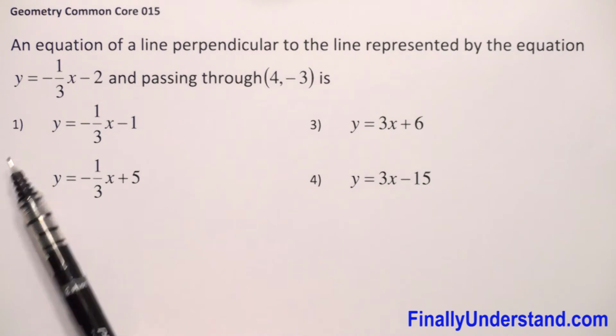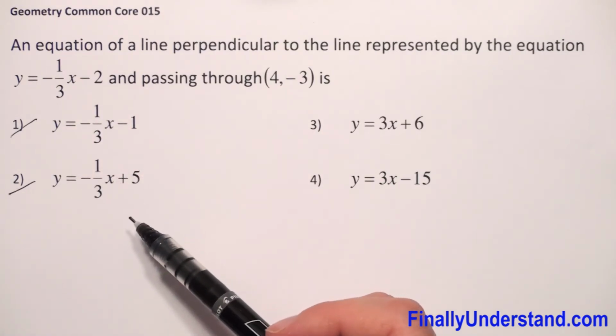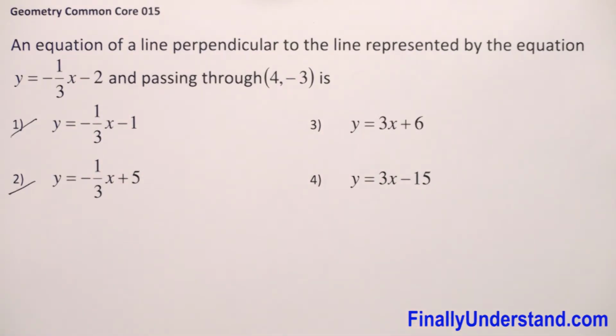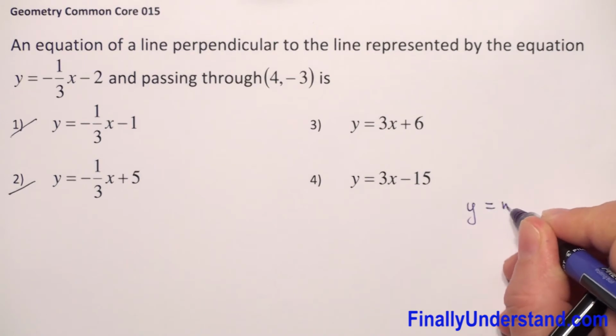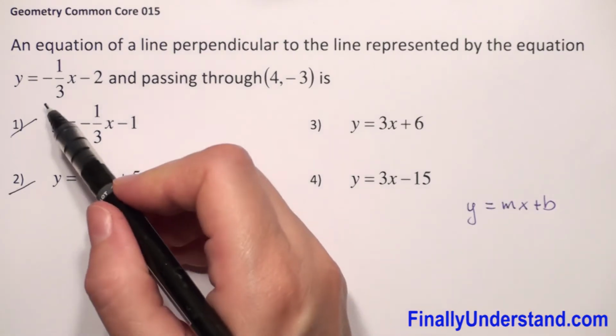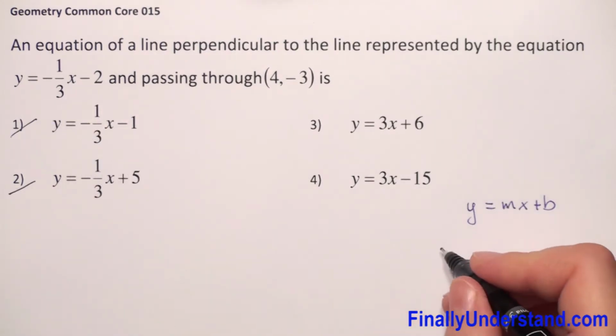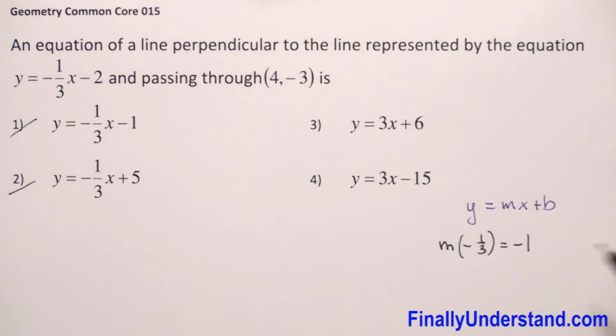So for sure the first and the second equation cannot be our solution, because of perpendicular lines, when we have the general form of a linear function y equals mx plus b, then when we have two perpendicular lines, the multiplication of the slopes, so m and the slope of our line, which is negative 1/3, so m times negative 1/3 should be equal to negative 1 when we have two perpendicular lines only.